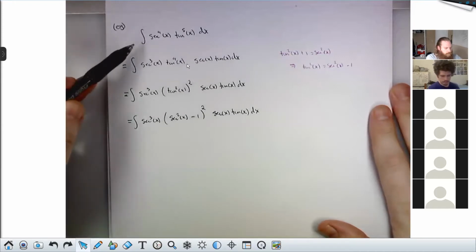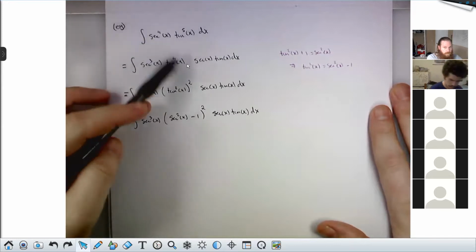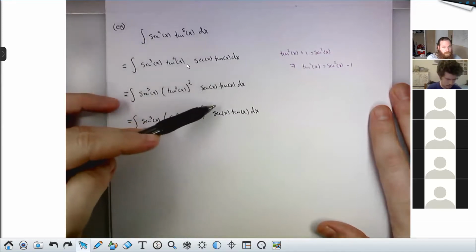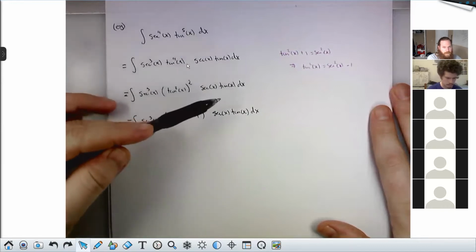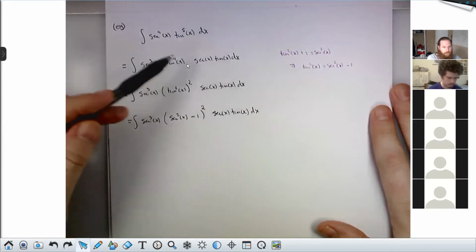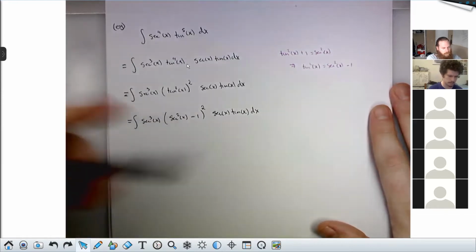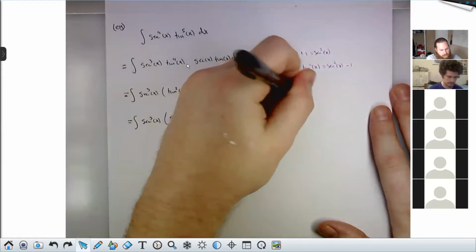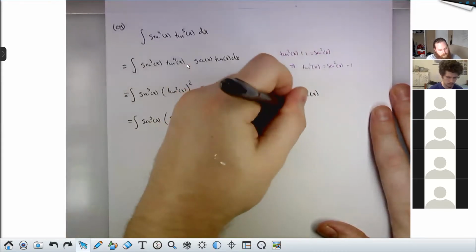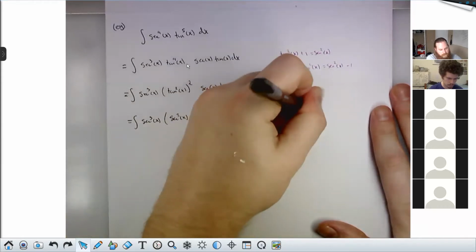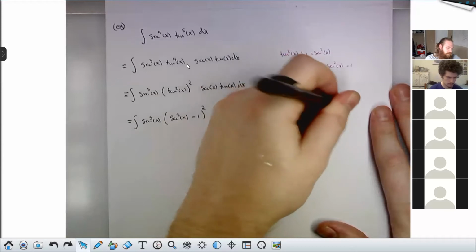So instead of substituting for tangent, which required setting aside a copy of secant squared, I can try substituting for secant, because when I set aside a copy of secant tangent, I'm left with an even power of tangent, which I can rewrite as secants. So from here, I could sub z equals secant x, because dz is then secant x tangent x dx.